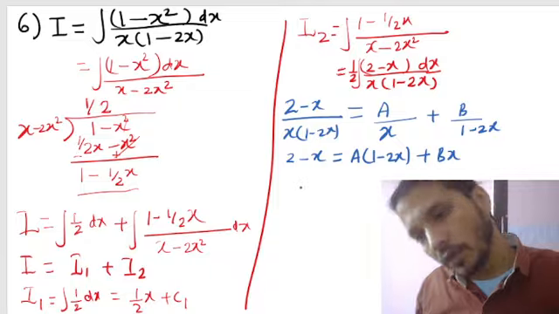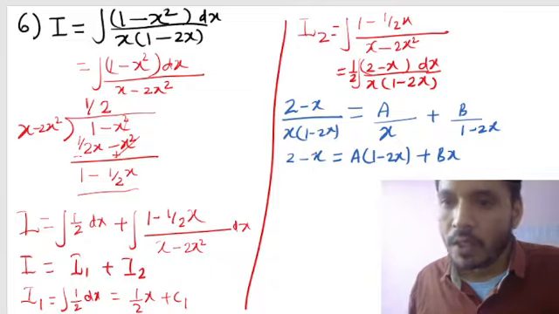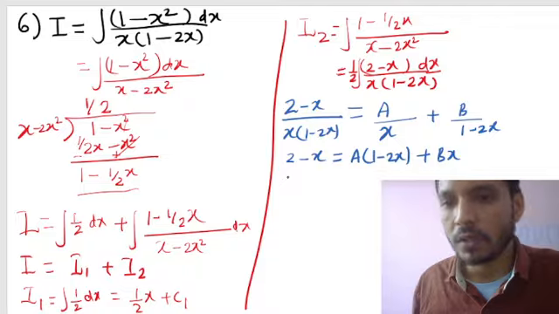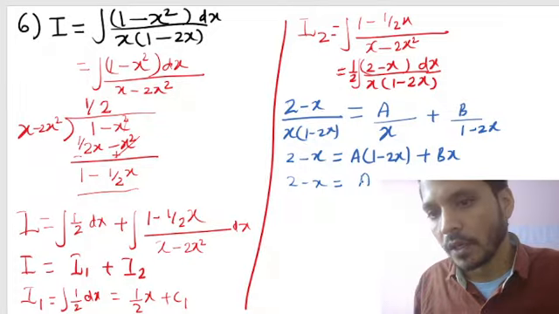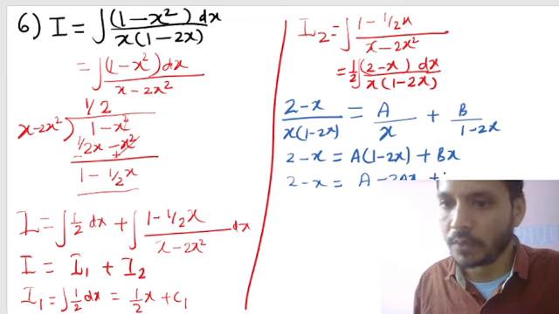Now we need to find the values of a and b. So 2 minus x, here it will become a minus 2ax, and here bx.